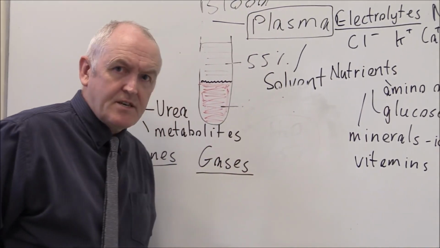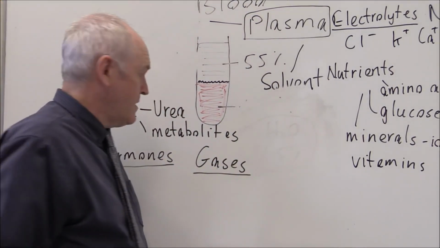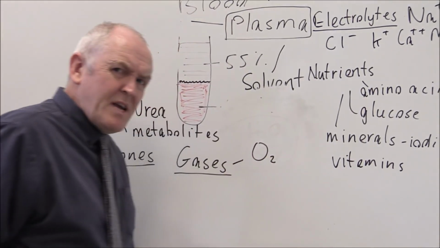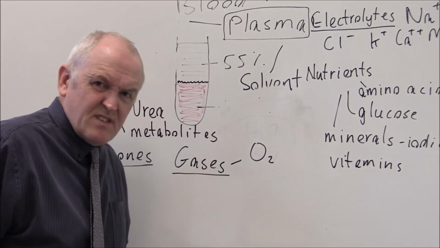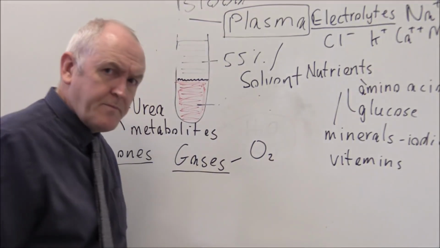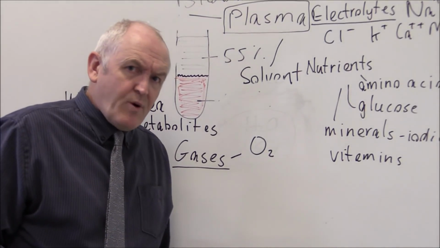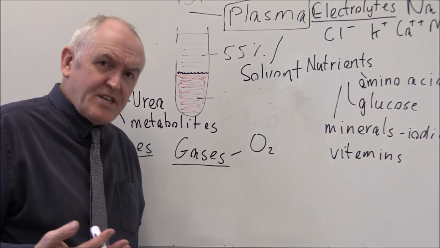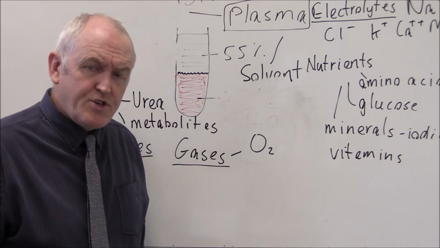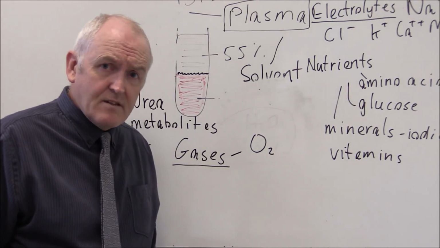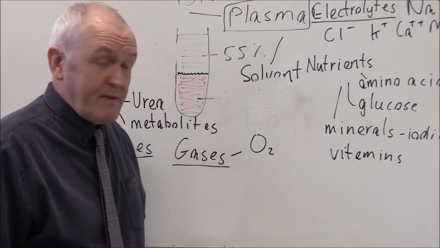So some gases are transported in the plasma. Now, there is going to be some oxygen in the plasma. Maybe 1% of the oxygen that's carried in the blood is transported in solution in the plasma. 98.5% of it, or 99% almost, is actually transported in association with the hemoglobin in the erythrocytes, in the red cells, in the form of oxyhemoglobin.